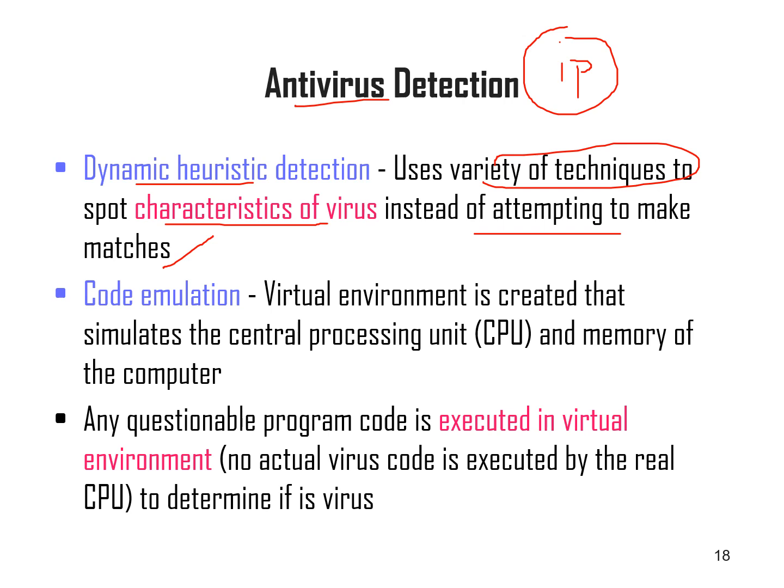If it is communicating with a malicious IP address, then it is actually malware. If it is downloading some anonymous file without user knowledge, then it is an illegal activity. So I am spotting the characteristics of the virus.